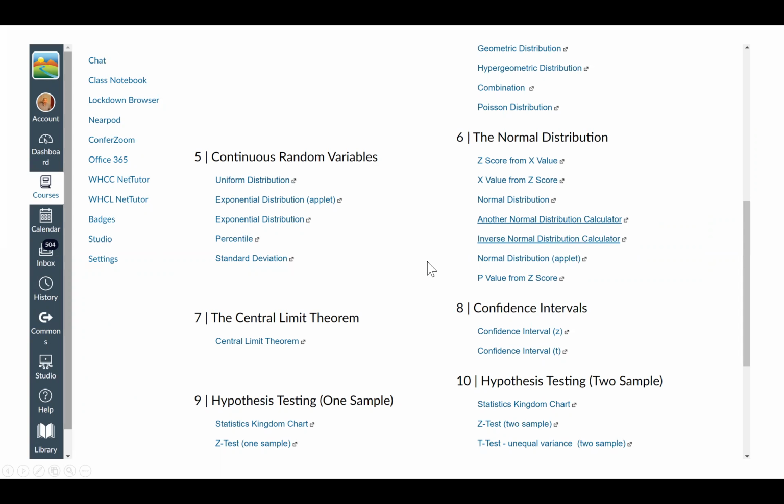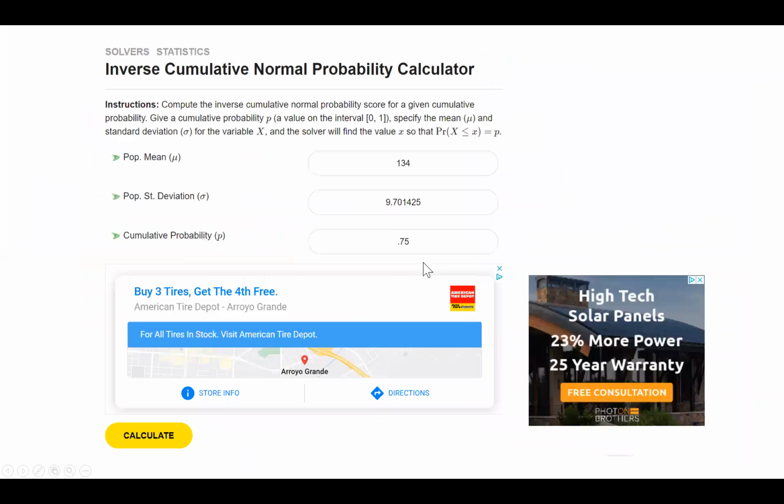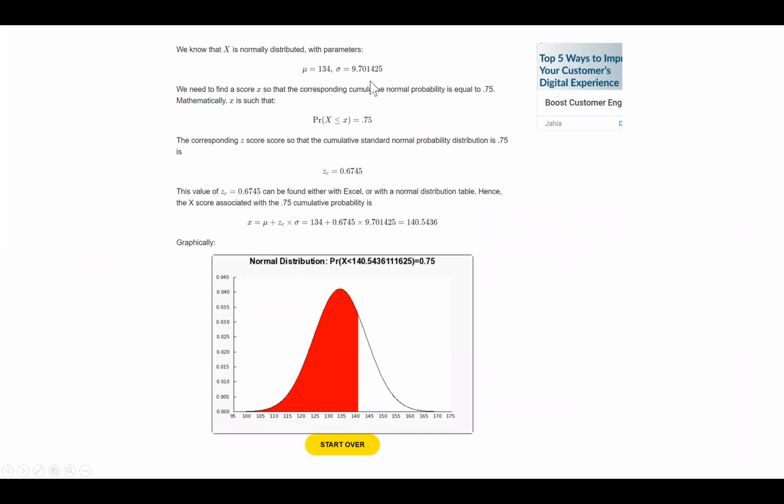Clicking on that one, you can do the same thing here, 134. You click on the 75 percentile, and you click calculate down here. It does take a little while, I'm not sure why, but then it calculates it, and here it is, 140.5036.